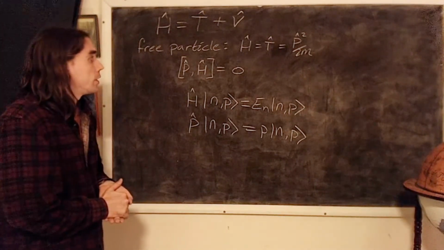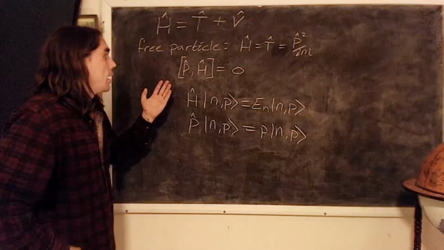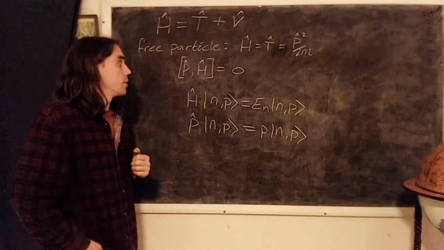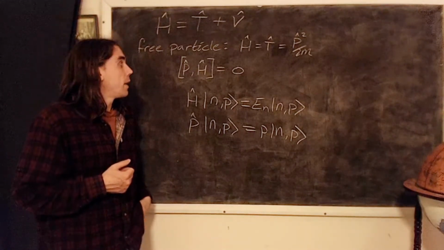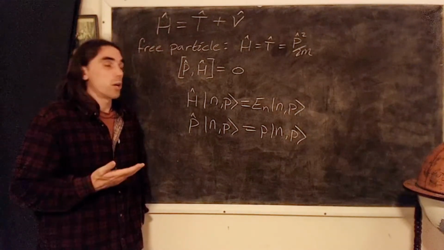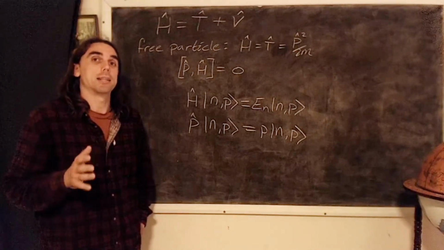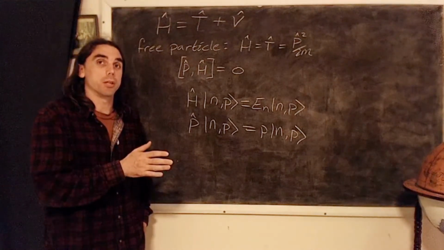So in general, it may not just be one operator which commutes with the Hamiltonian. We can have a larger set of operators that commute with the Hamiltonian. And it's important to try and work out the maximal set of operators which commute with the Hamiltonian.